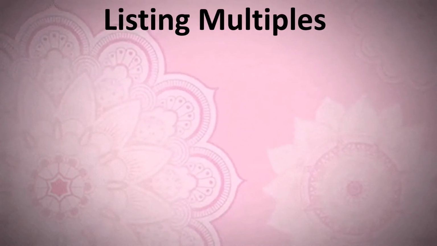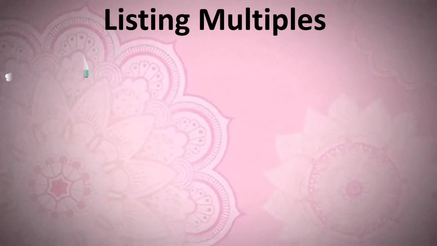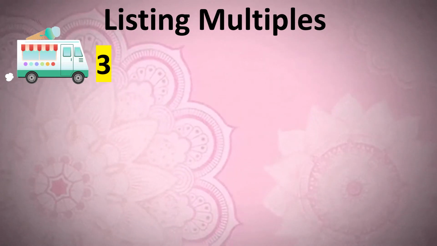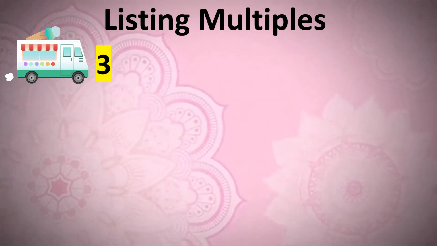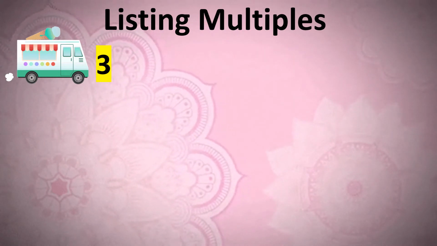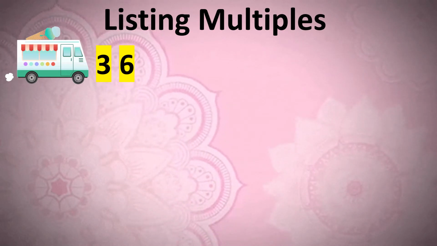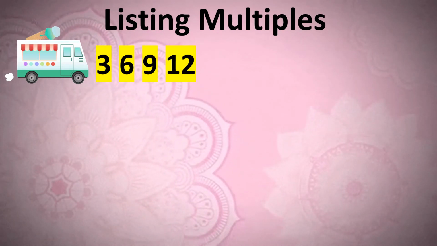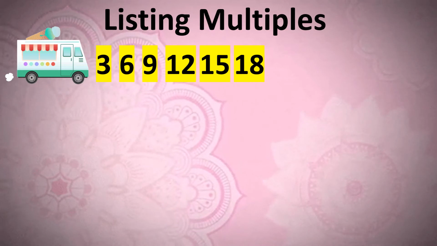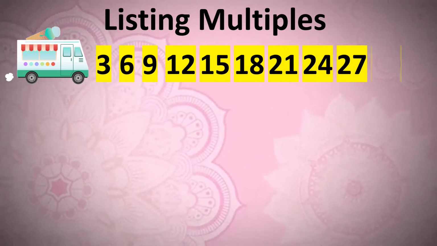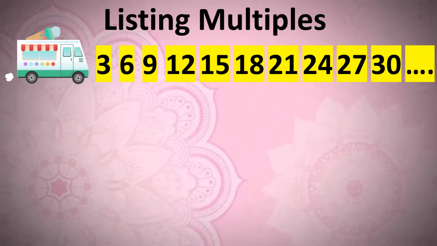Okay, now class, in analyzing the problem, let us do the listing of multiples. So let us start with every 3 days the truck will visit the neighborhood. So let us begin with multiples of 3. So let's start with 3, 6, 9, 12, 15, 18, 21, 24, 27, 30, and so on and so forth.